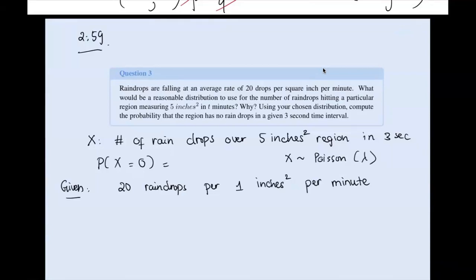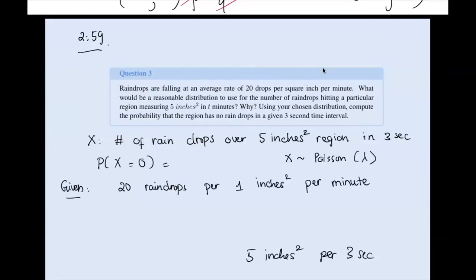And what does lambda represent? Lambda represents the average number of raindrops over 5 square inches over 3 seconds. So we have to find the average of this. And we are given the average rate per square inch per minute. But we want 5 inches and per 3 seconds.